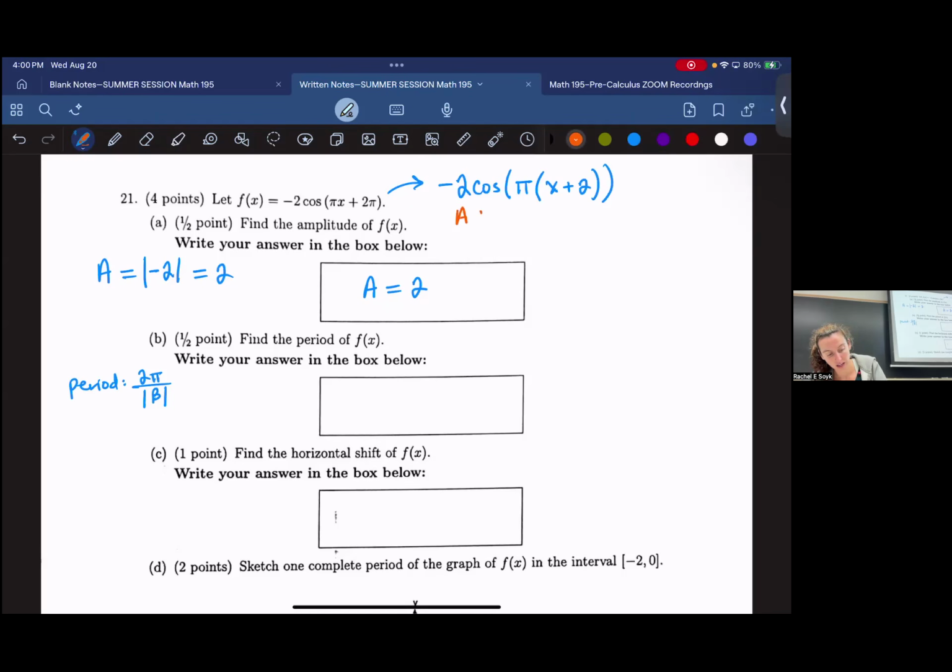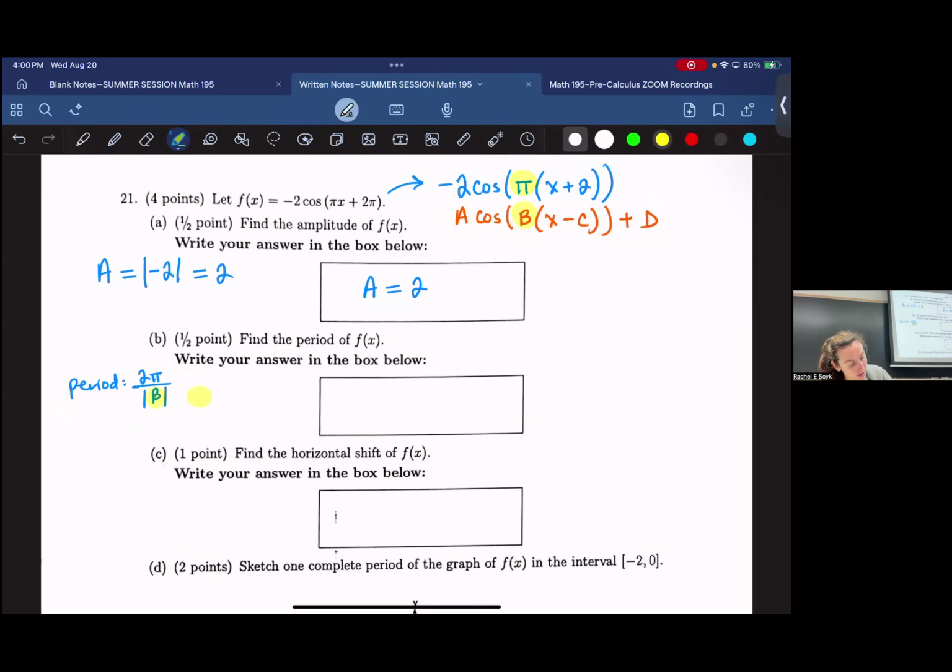Let's think about this as a cosine b x minus c plus d. C is our horizontal phase shift. D is our vertical shift, also the equation of our midline. A is our amplitude, and b is used in order to find our period. So our b value is pi.